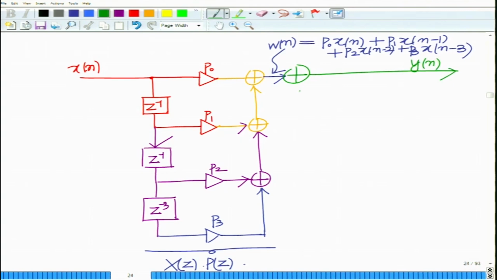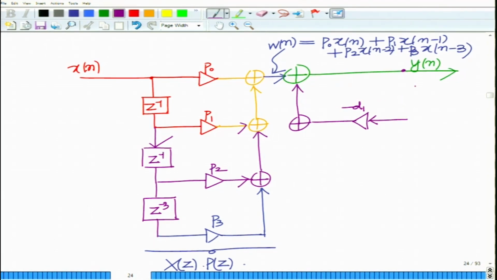Now, I am going to perform a gain of minus d1.